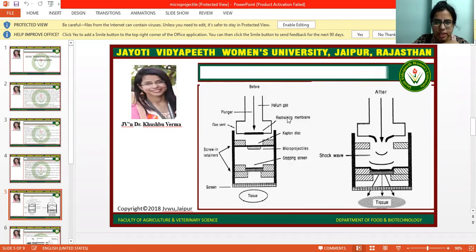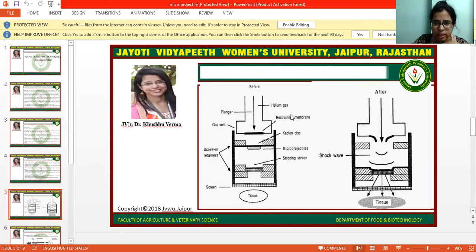So here you can simply see this is the plunger, and this is the gas vent which is filled with helium gas, and this thick plate is known as the restraining membrane.